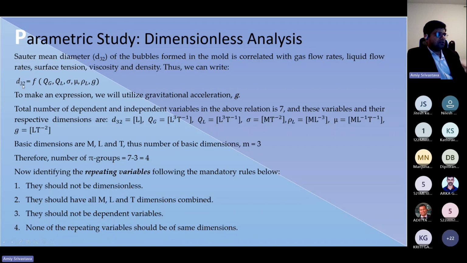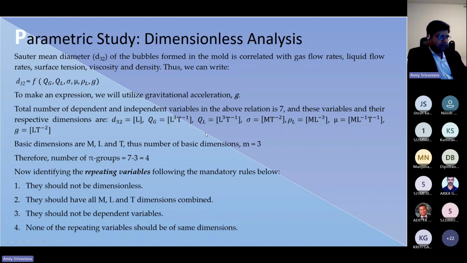You can see that the Sauter mean diameter is a function of gas flow rate, liquid flow rate, surface tension, viscosity, and density of liquid, and I took one more term, gravitational acceleration, so that I can identify my equation. This is basically the methodology.